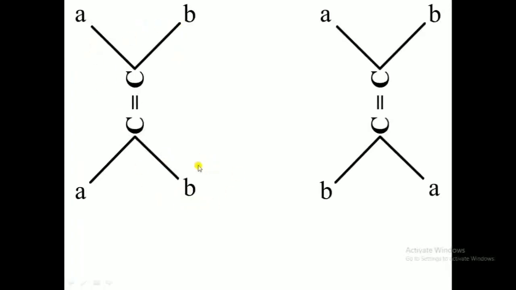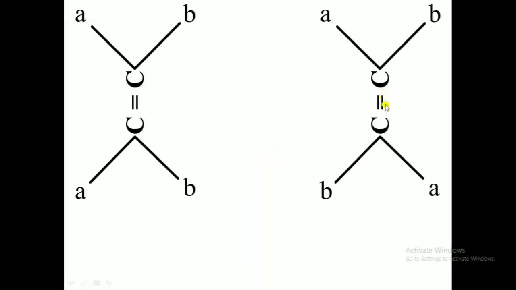That means the A groups are arranged on the same side of this carbon-carbon double bond, and the B groups are arranged on the other side of the carbon-carbon double bond. So this is a kind of spatial arrangement where similar atoms are arranged on the same side.